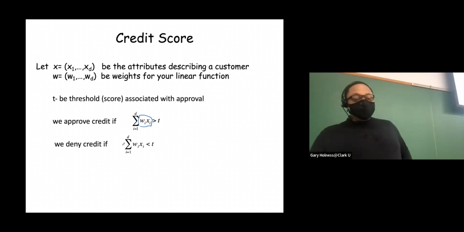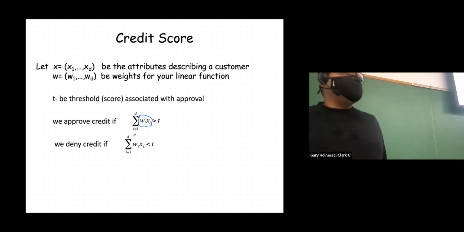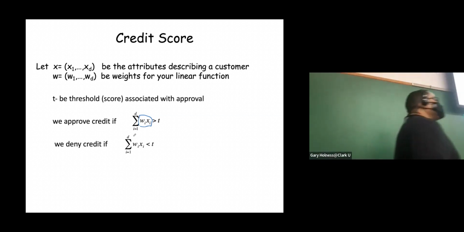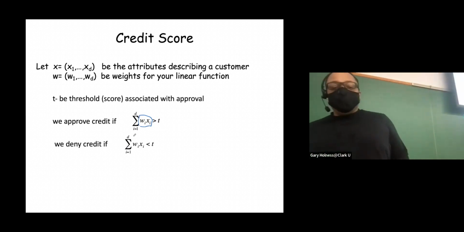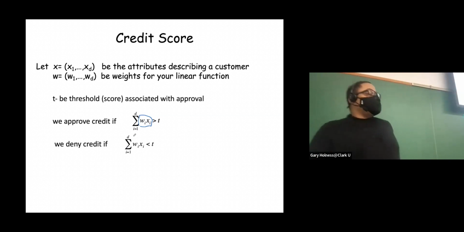If it is less than our threshold T, we're going to deny that person for credit. Now, you might be thinking, what happens if they're equal to T? You have to make a decision, right? And that could go either way. You could either approve them, deny them, or maybe you're going to call them up and say, hey, let's chat and make that human judgment call. Okay. Any questions? That make sense?